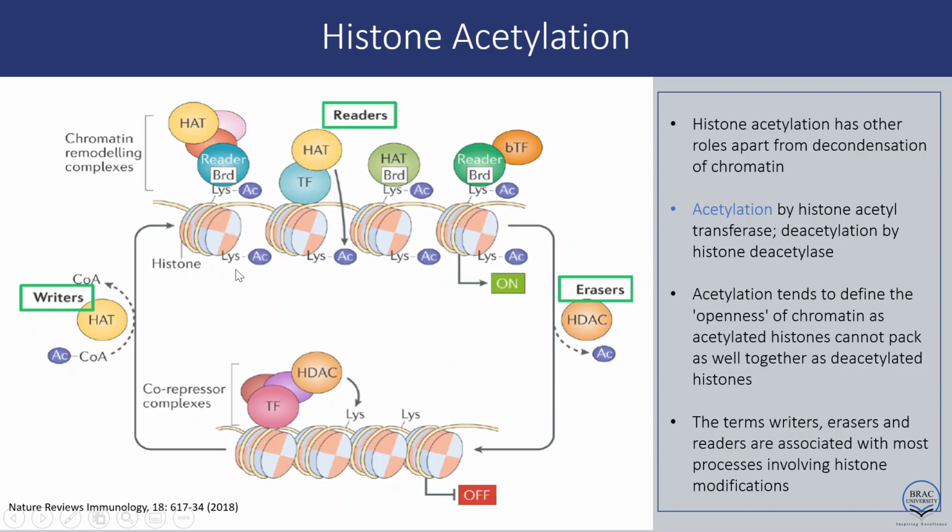As a result, the histones go far apart, loosely bound. On the other hand, if HDAC is in function, it removes the acetyl groups. You can see the acetyl groups are removed, and as a result the chromatin or histones become tightly packed, with no acetyl group.